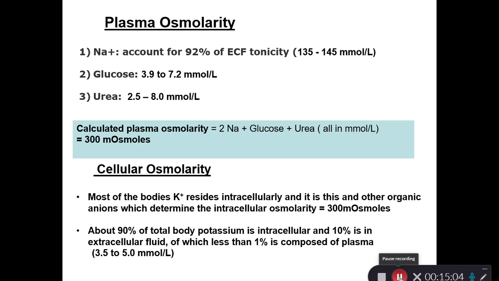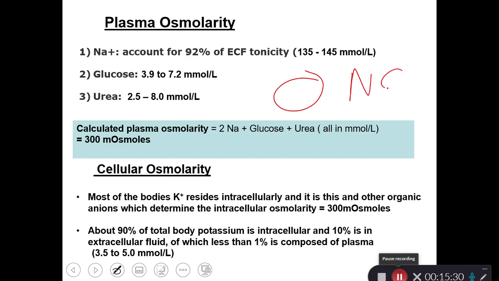Now, what determines our plasma osmolarity? The primary thing that contributes to our plasma osmolarity is sodium. Sodium is found outside of our cells. Potassium is responsible for the osmolarity inside the cell. So again, sodium is responsible for the tonicity outside the cell, but potassium is responsible for the tonicity inside the cell.